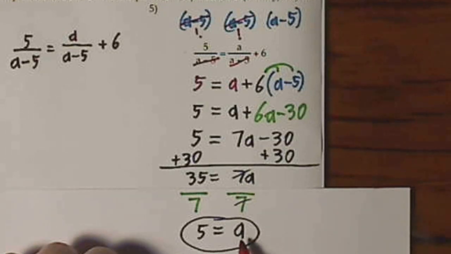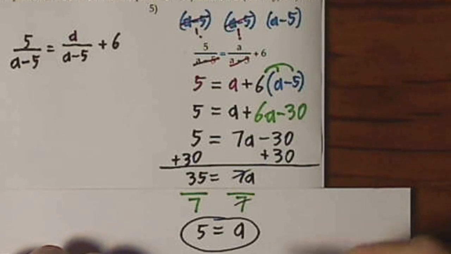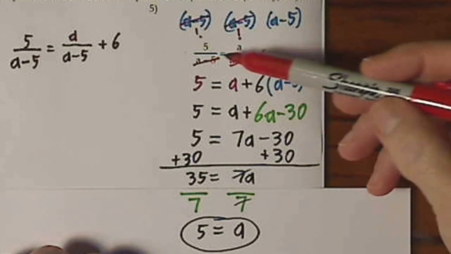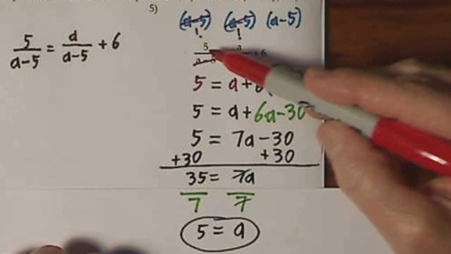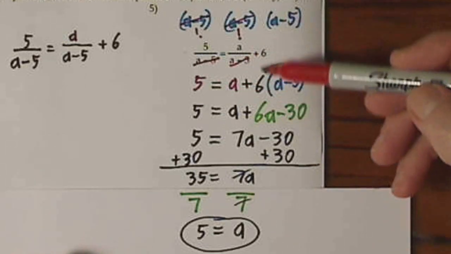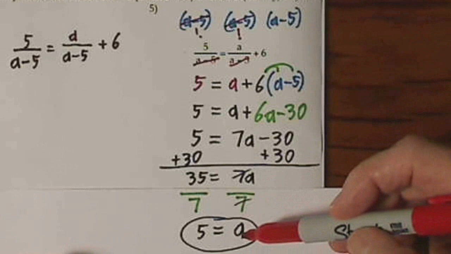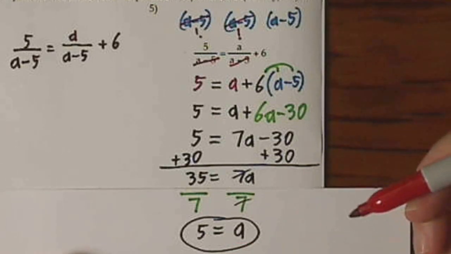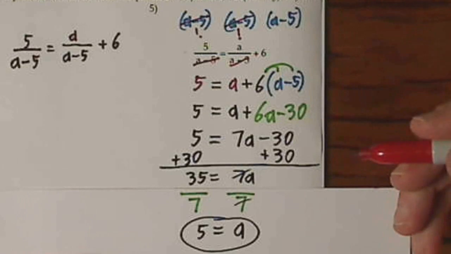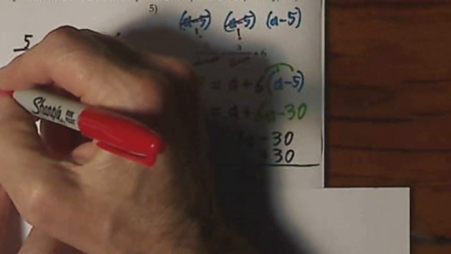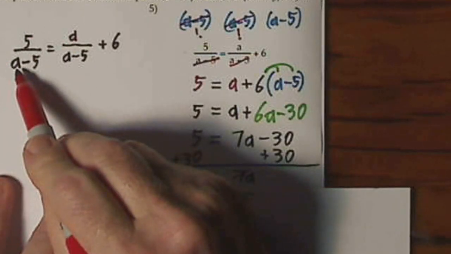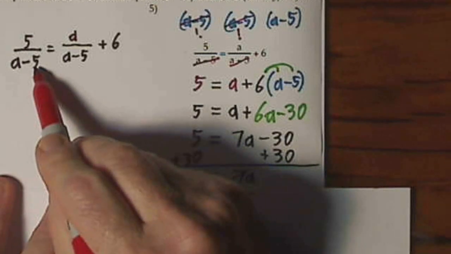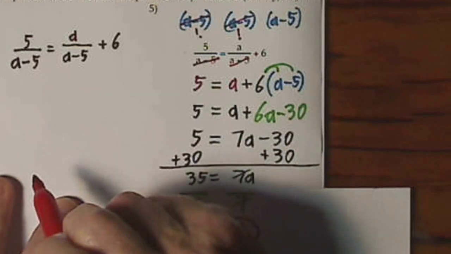Okay, we've ended up with an answer of a is equal to 5, and normally that's not going to cause a problem, but if you recall, our original equation had a variable in the denominator, and sometimes that can cause a problem. We've solved it correctly. Every step was correct, and we legitimately figured that a is equal to 5. But now if we check that answer, if I take a 5 and plug it in wherever the a is, if I put a 5 right here, I'm going to have 5 minus 5, which would give me a denominator of 0.